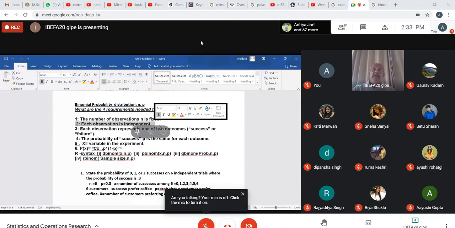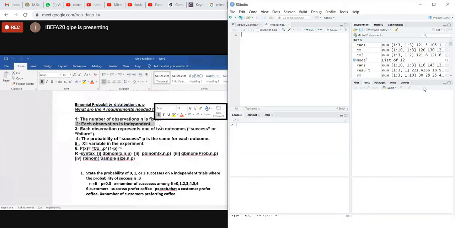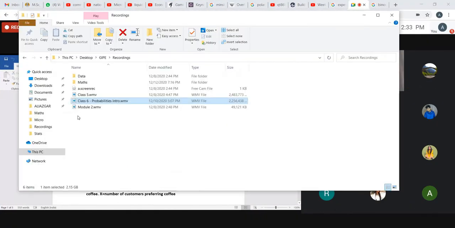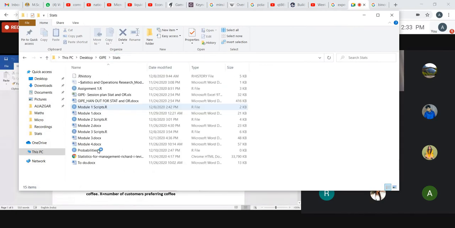Even, whichever may be the name, are independent in the sample. Each observation is represented as either success or failure.